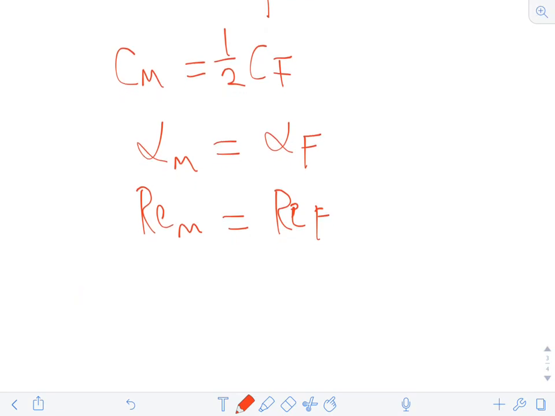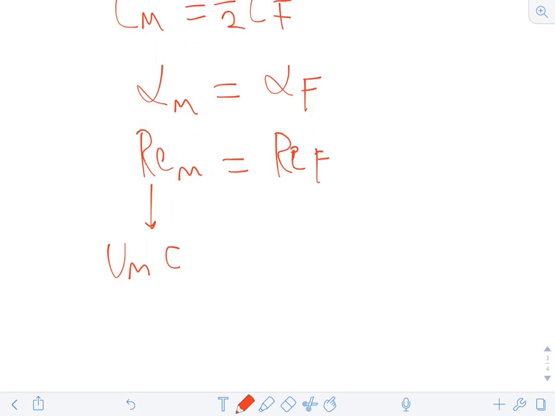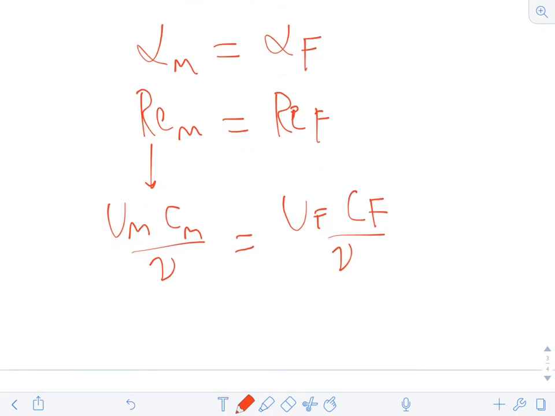I'll write this out more explicitly: we have the velocity of the model times the length scale, and remember the Reynolds number that's appropriate uses the chord, divided by the kinematic viscosity, is going to equal the full-scale velocity times the full-scale chord divided by the kinematic viscosity. I didn't give subscripts to the kinematic viscosity because in this case we're assuming that the flow properties in the tunnel match those of the full scale. If that were not the case, you'd have to consider the differences in kinematic viscosity.